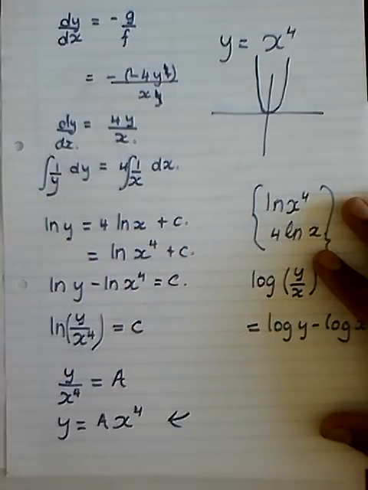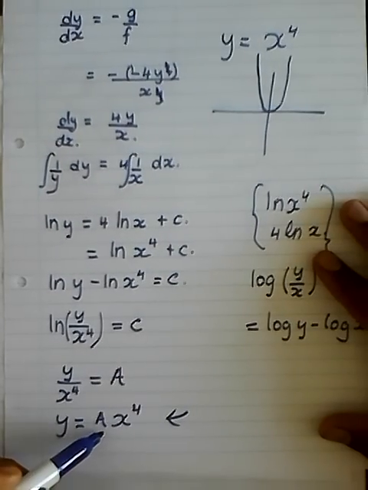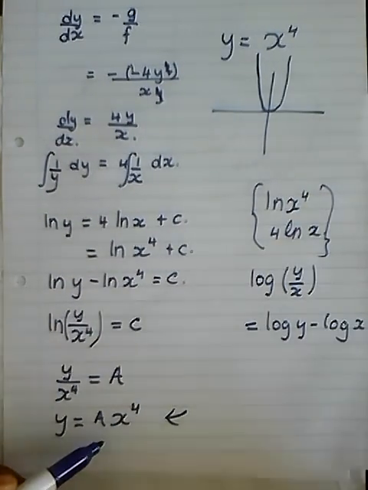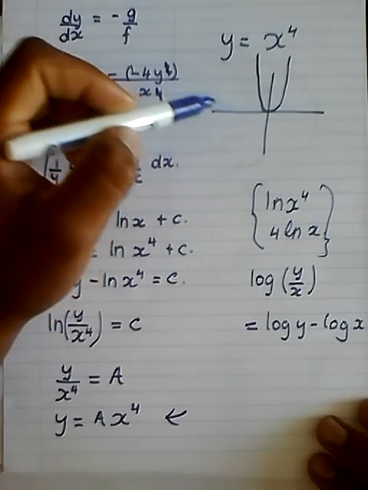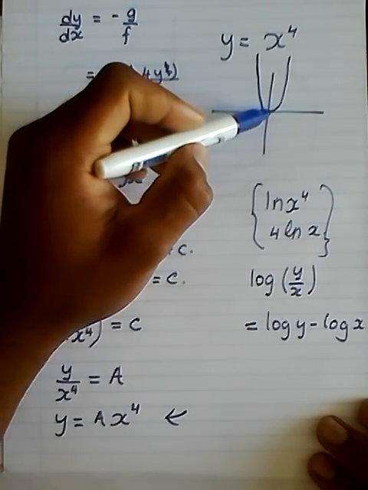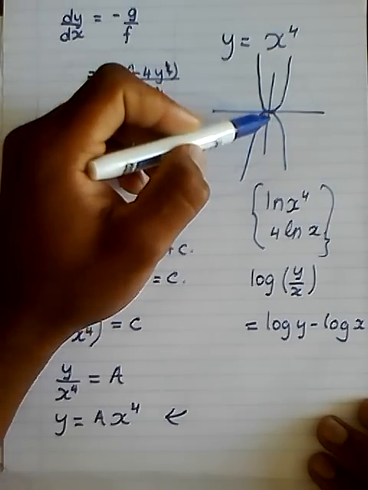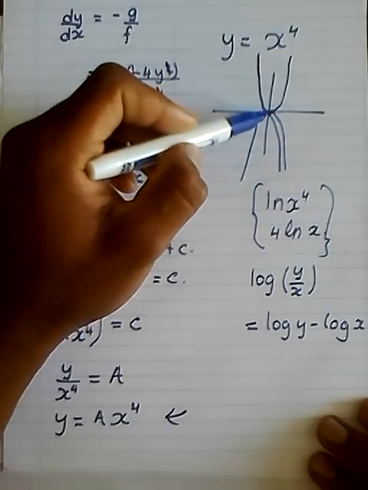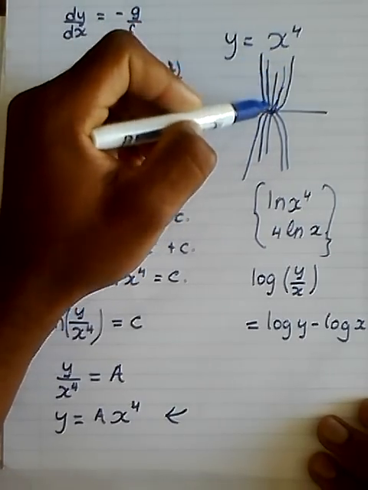And then here we have a. In this case a can be either positive or negative, so that means we're going to have orthogonal trajectories that will go that way or this way. Remember we are filling the region, so there is more than one.